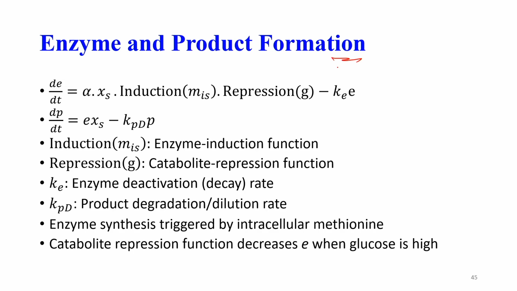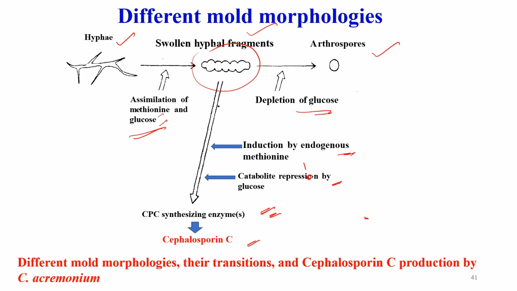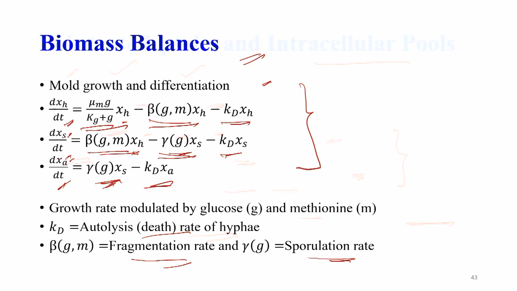As I told, this leads to the synthesis of the key enzyme, followed by product formation. In the case of the enzyme, if you remember, only the swollen biomass is contributing to the enzyme synthesis and product formation.